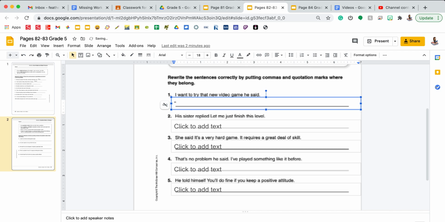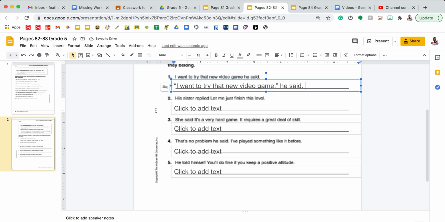There is no space between the quotation mark and the following word. Now, because this is not the end of my sentence, I'm going to have a comma, quotation marks, and then he said with my period at the end.